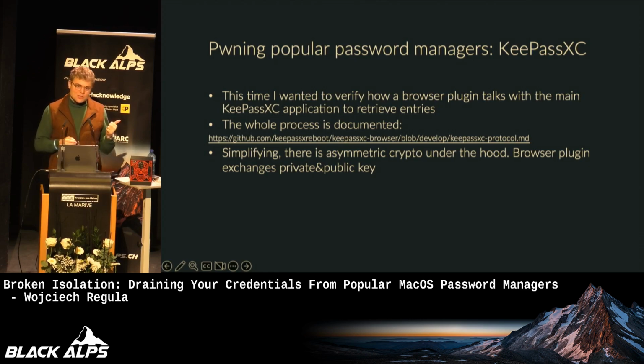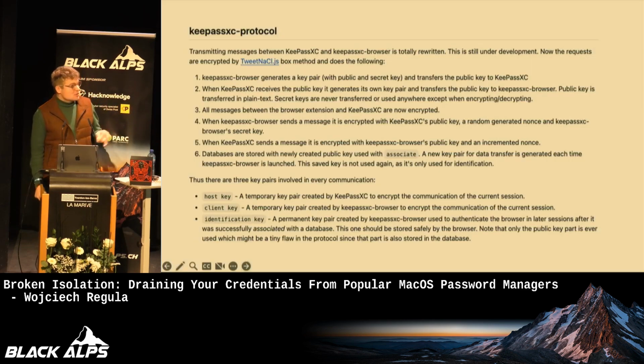But I wanted to show KeePassXC because it's really well written, and at the same time it has a browser plugin, which for the convenience of users is something that most password managers nowadays have. And if you read the documentation, which is really good, you will see that there is some asymmetric crypto between the plugin and the main application.